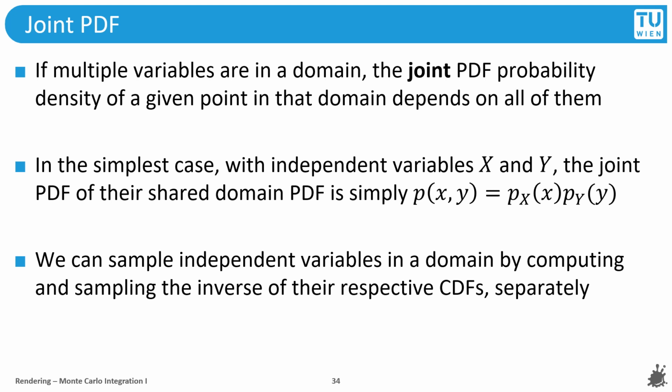In the simplest case, we have independent variables x and y, and if they are independent, then the joint PDF for a point in their shared domain is simply the product of the separate PDFs for each coordinate separately. In this case, we can simulate a 2D random variable by computing the inverse of the individual CDFs and using the inversion method on them with outputs from two canonical random variables.